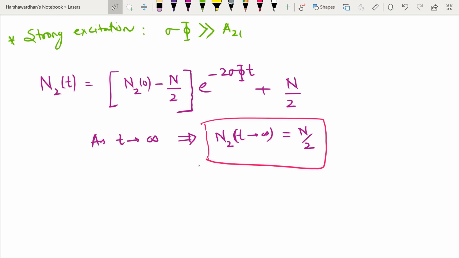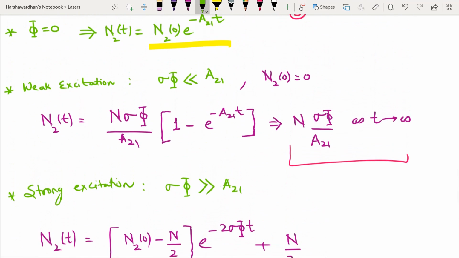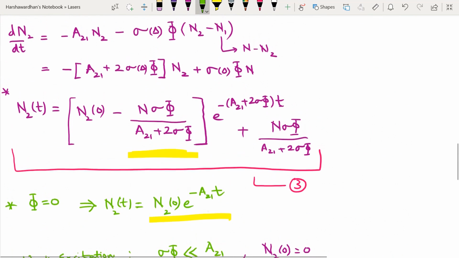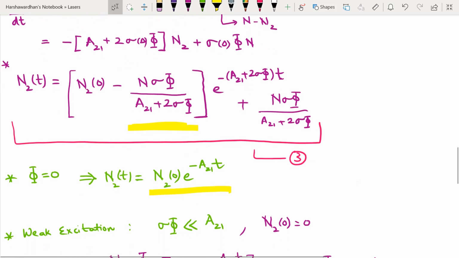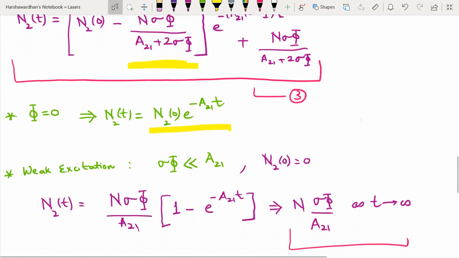So another aspect of strong interaction is this notion of power broadening. Let's look at the equation for N2(t), and the steady state result. In the steady state, the exponential decay will take care of the first part. What remains is the constant at the end of equation 3.